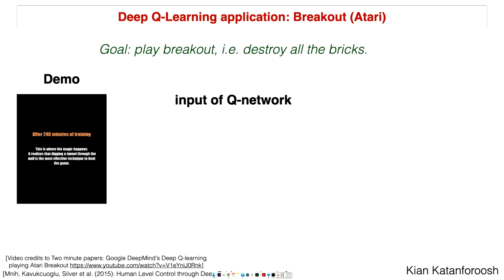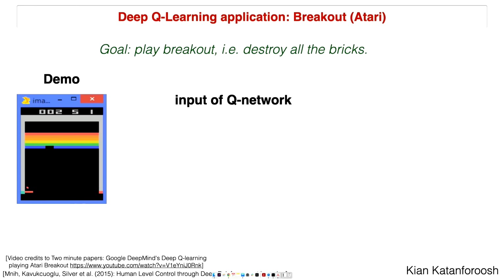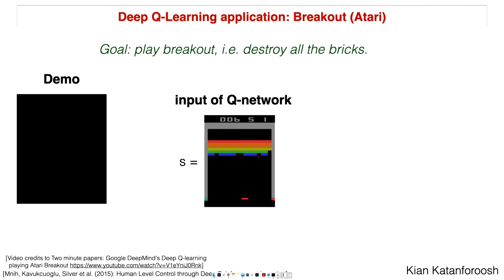Let's do it together. What is the input of our Q network? What would you use as input? The entire screen. Okay, let's do that. So I define that as the state S, which is the input to my Q network.